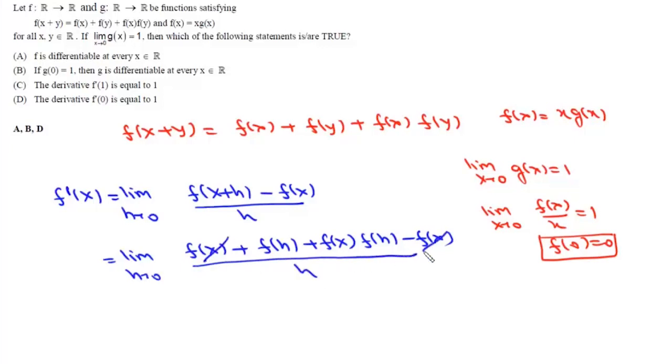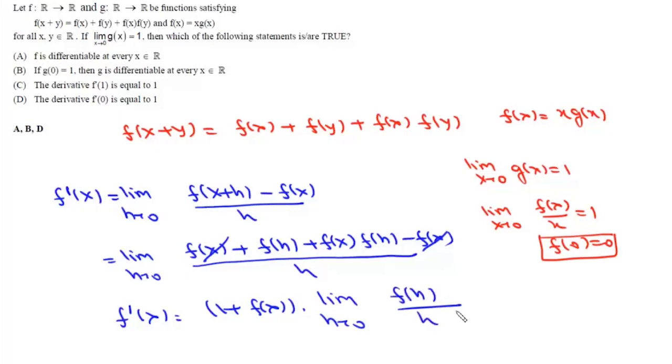Now this f(x) will cancel. We can write this f'(x) as, we'll take 1 plus f(x) common, and it will be this limit as h tends to 0 of f(h) upon h. Now we can write this as f(h) minus f(0), because f(0) is 0, and this is nothing but f'(0).